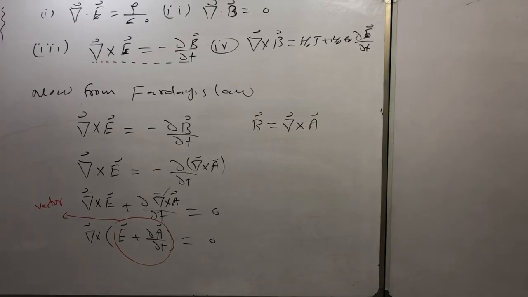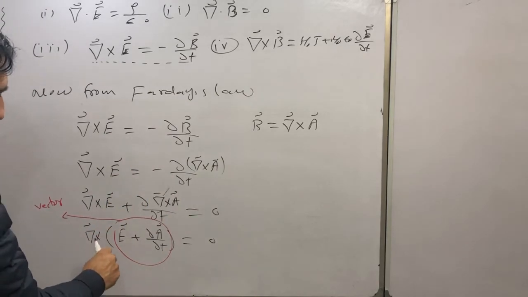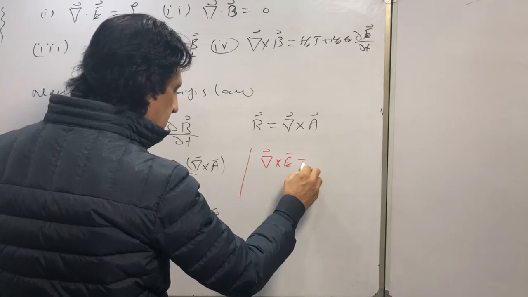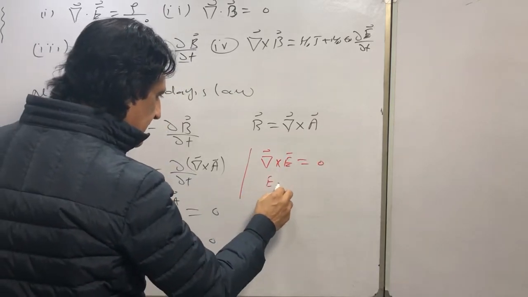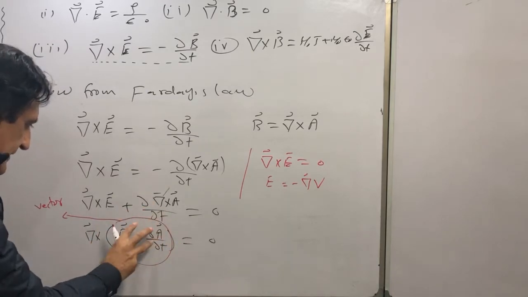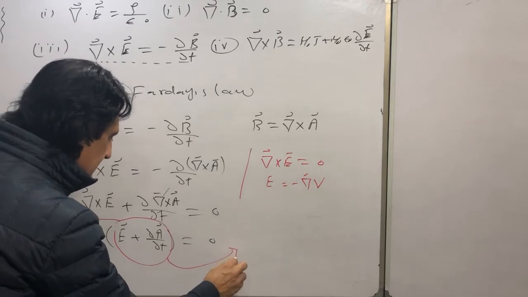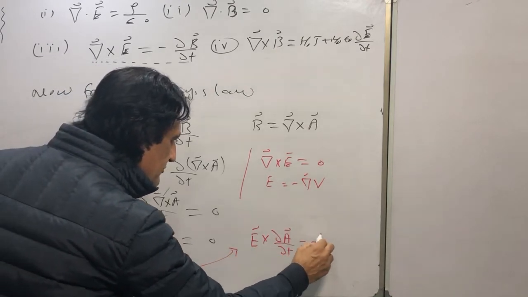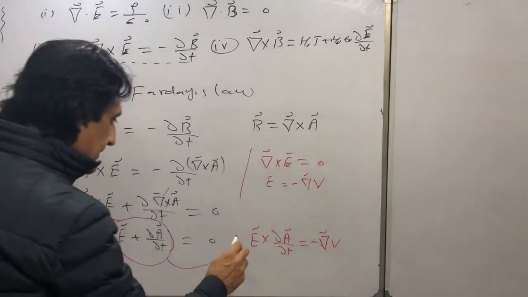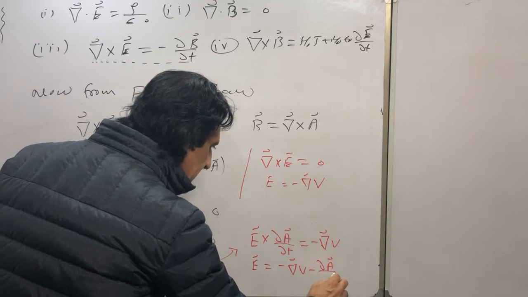Then one can say that from the electrostatic case, we know that when del cross E is equal to 0, the electric field is equal to minus del V. Now this is a vector, del cross this vector equals 0, so this vector will be equal to minus del V. So using this definition, we can say that E plus partial A divided by partial t is equal to minus del V. And so if we find E, this will be equal to minus del V minus partial A divided by partial t.